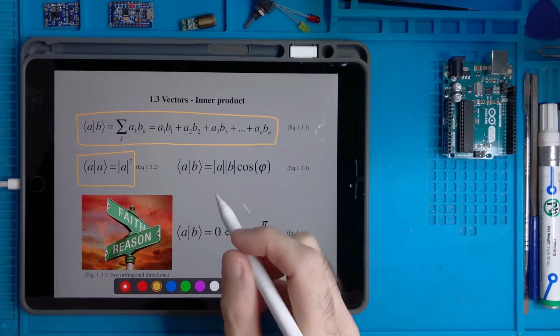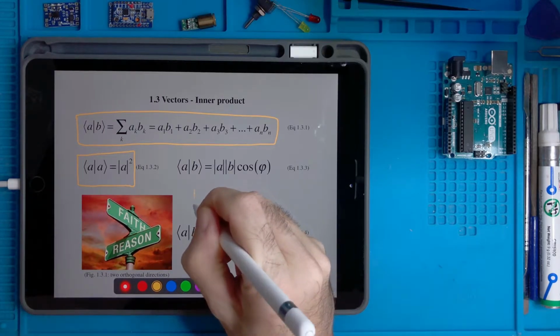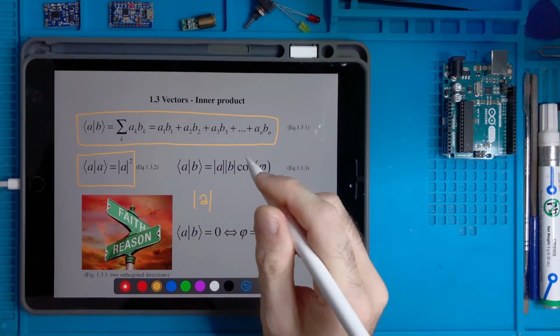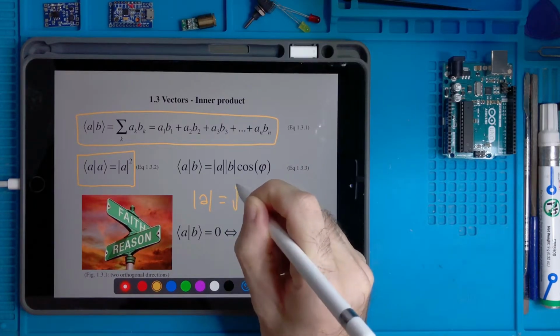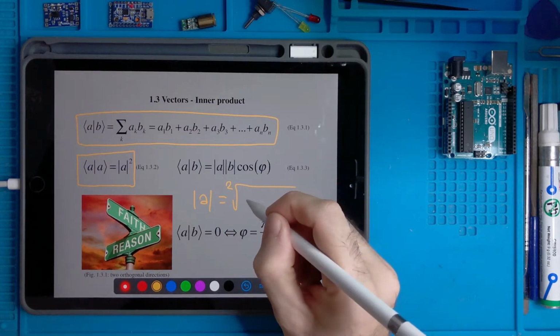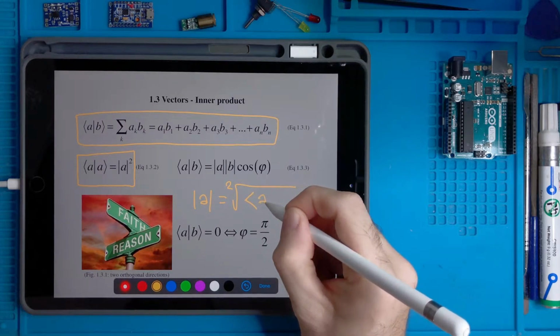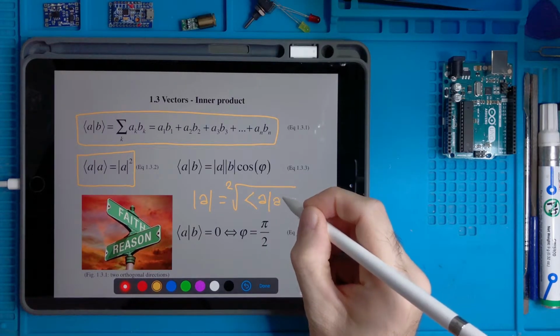So which means that if we want to compute the magnitude, the length of a vector, you have to take the square root of the inner product of the vector with itself.